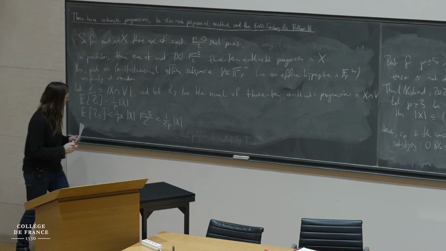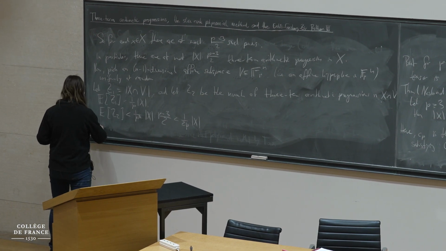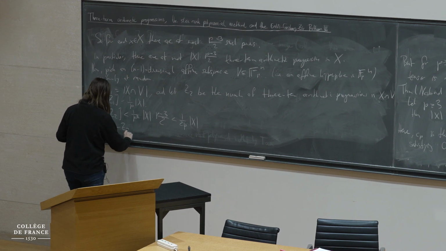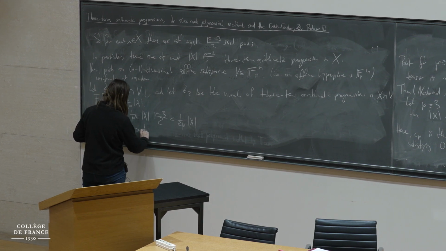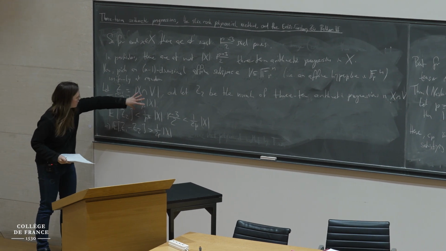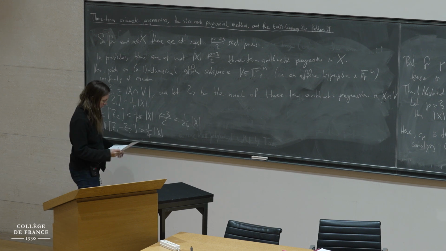So in particular, if we combine those two equations, we find that the expectation of Z1 minus Z2 is bigger than 1 over 2P times X, right? Because we have 1 over P minus 1 over 2P, so we have more than 1 over 2P left.